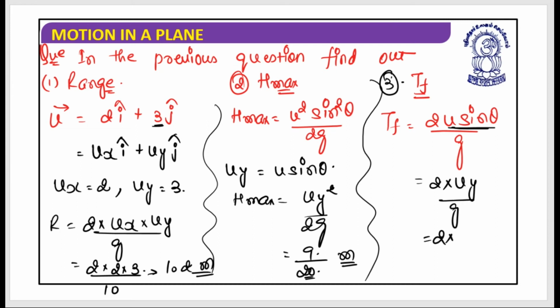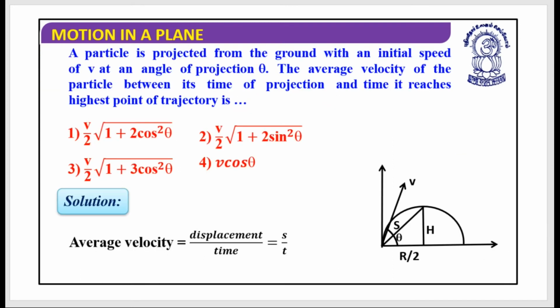Uy is 3, so this is 2 into 3, which is 6, divided by 10. It's 6 by 10, which is 0.6 seconds time of flight. Is it clear? Yes. So please remember this. These are the basics, and these are very essential questions. Yes. Let's look at the next question.